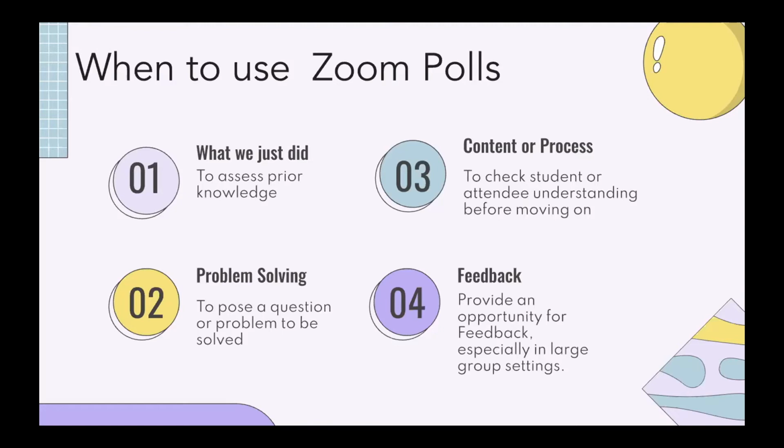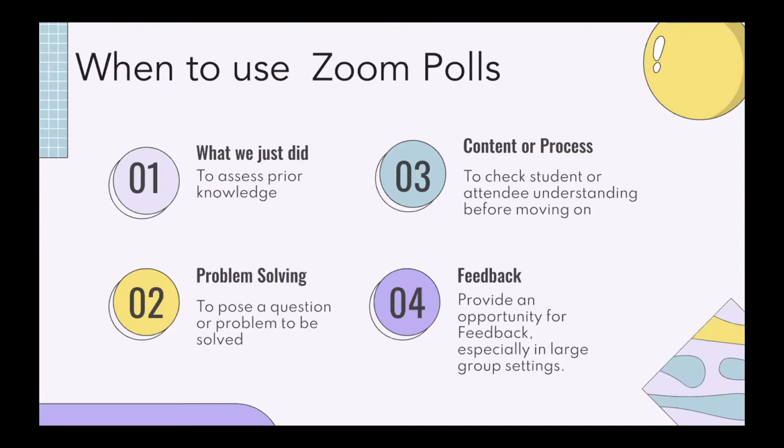Number three, you can use Zoom polls to ask a more informal question in order to open up an opportunity for feedback from Zoom attendees or students. Maybe you want to know how students are feeling or if they like the lesson so far. So at the end of the session, you can put out a poll. The feedback could be anonymous, and during the session, that helps attendees be more apt to share honest and instant feedback. Sometimes I may not want to share because it has my name up there.